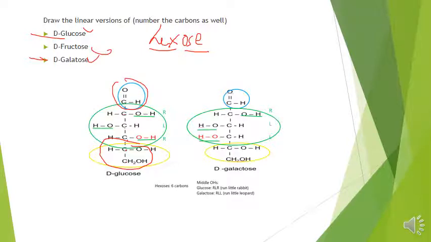Let's do the same thing for galactose: 1, 2, 3, 4, 5, 6. Draw that and that. Now there are 3 middle carbons. How do you put the OHs? For glucose, they go right, left, right. You might want to think of run, little rabbit. Right, left, right.